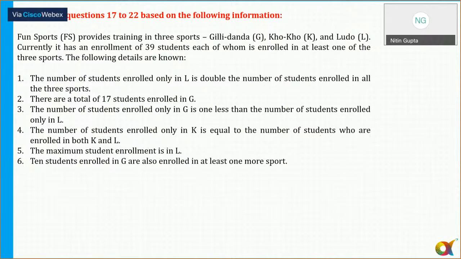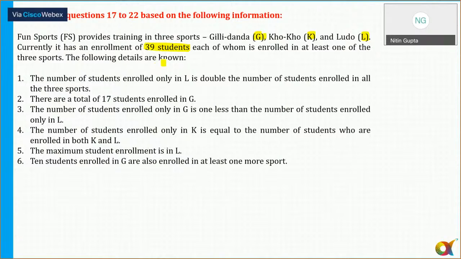Now, it says Fun Sports provide training in three sports, that is Gilli Danda, Kho and Ludo. Currently there are 39 students, each of whom is enrolled in at least one of them.